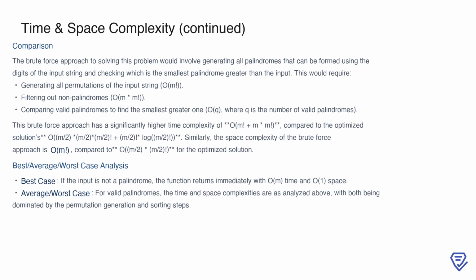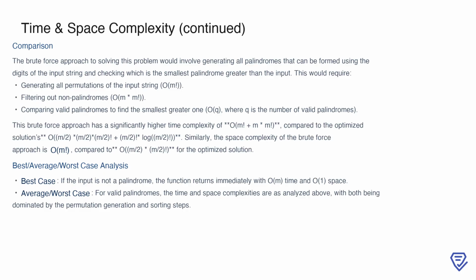To better understand the efficiency of the optimized approach, we can compare it with a brute force solution. The brute force method involves generating all possible palindromes using the digits of the input string and identifying the smallest palindrome greater than the input. This requires generating all permutations of the input string, which takes m!. Filtering out non-palindromes adds m*m! time, and comparing valid palindromes to find the smallest one introduces an additional q cost, where q is the number of valid palindromes.